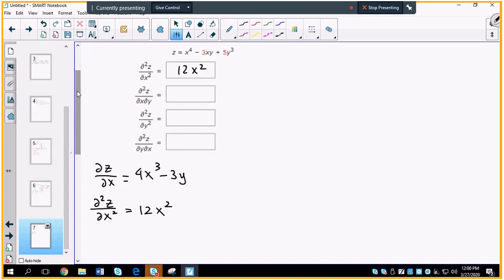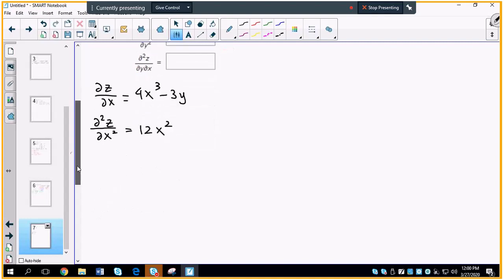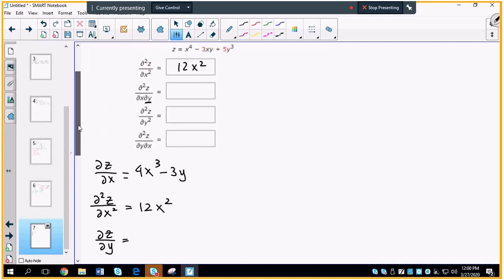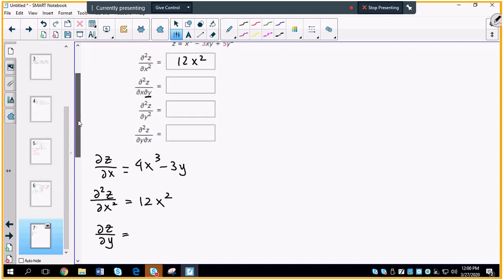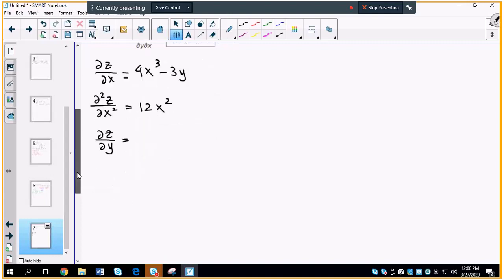The next one is del 2z del x del y. So what do I understand from that? This is the one that I will do first. So first I'm going to find del z del y. So derive the function with respect to y, and you are going to get x to the power 4 goes to 0. You will get minus 3x plus 15y squared. That's the derivative.